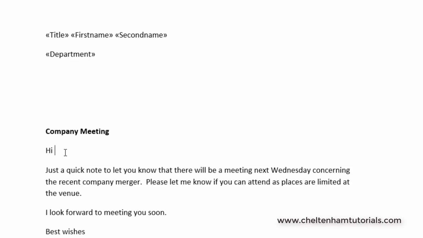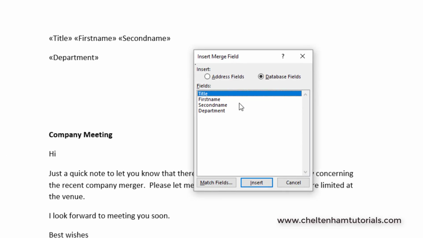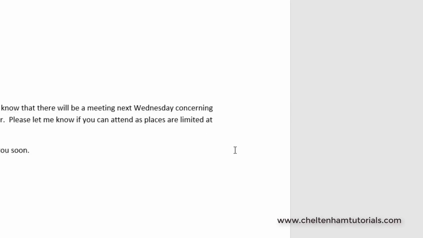Where it says Hi, I'll just click after that, making sure there's a space. Then I'll go back to More Items, and I'll just click on First Name, click on Insert, then Close. So as I say, we see the field here for first name, and that will be substituted with the actual name of the person in the list.